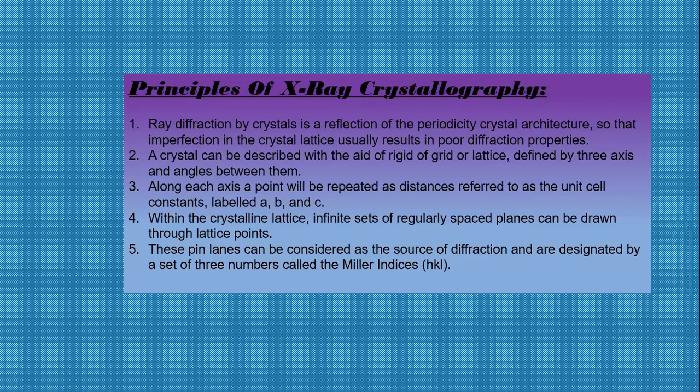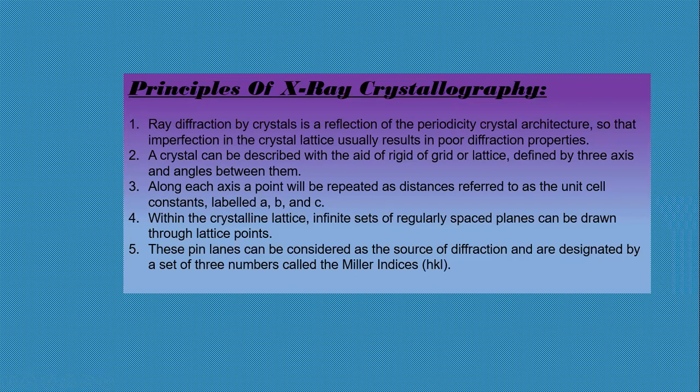And next is the principle of X-ray crystallography. The first principle is that X-ray diffraction by crystals is a reflection of the periodicity of the crystal architecture, so that imperfection in the crystal lattice usually results in poor diffraction properties. A crystal can be described with the aid of a grid or lattice, defined by three axes and the angles between them.